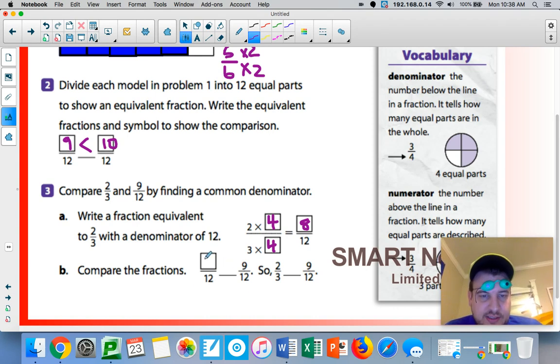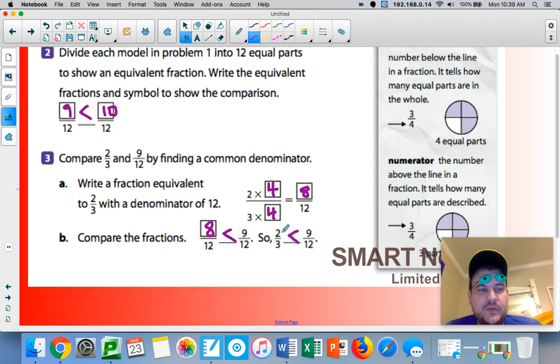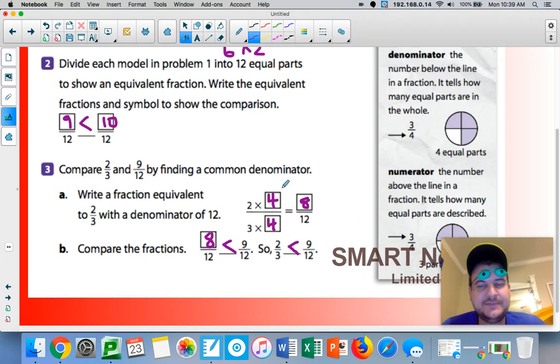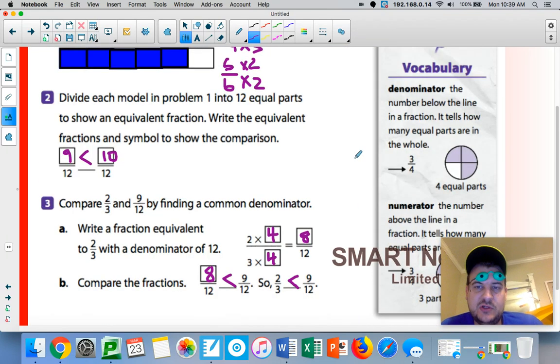Compare the fractions. 8/12 is less than 9/12. So that means that 2/3 is also less than 9/12. Boom! Got it!